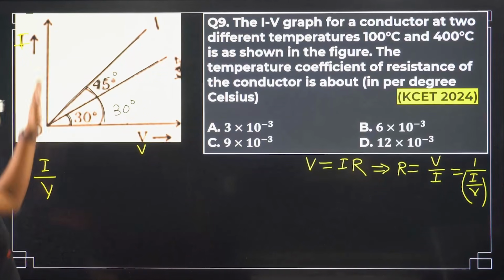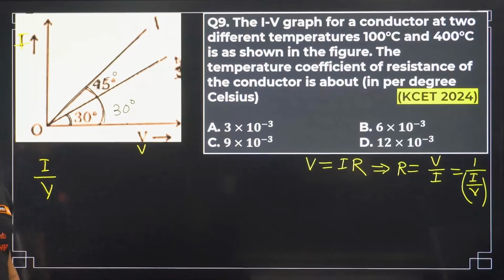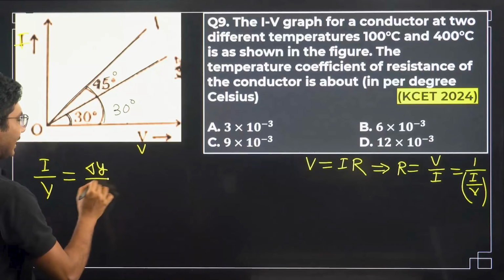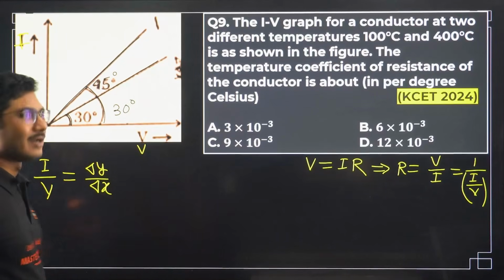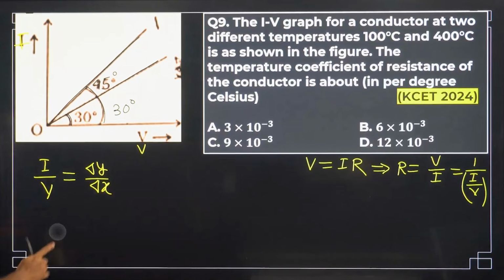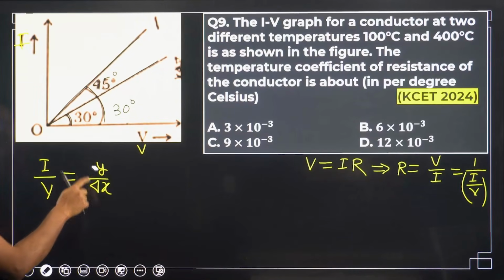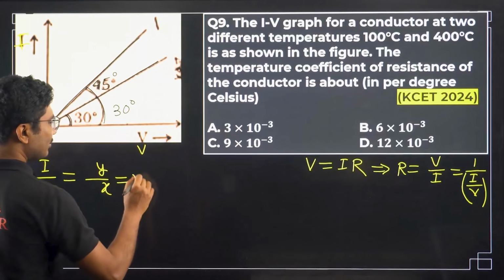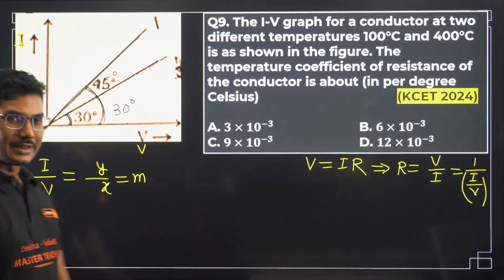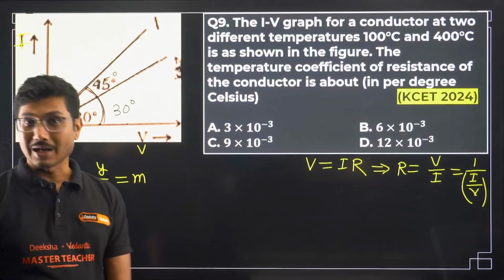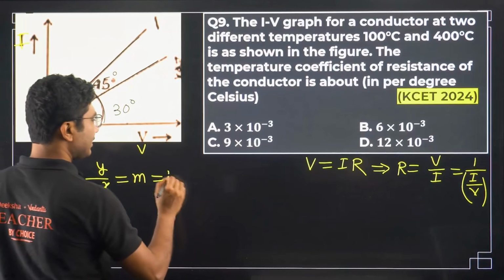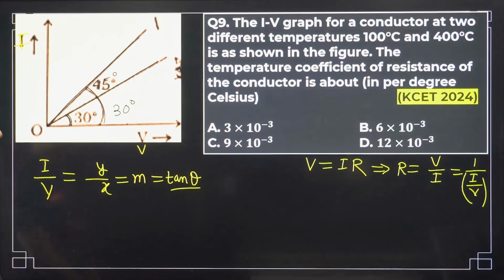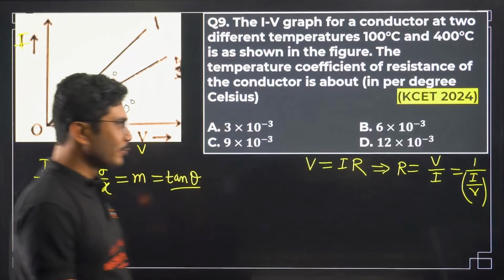I is along the y-axis, V is along the x-axis, so you can also write this as delta y by delta x. Because it's a straight line graph, even y by x will do. So this is nothing but the slope of the graph. Now what is slope? Slope is tan theta.